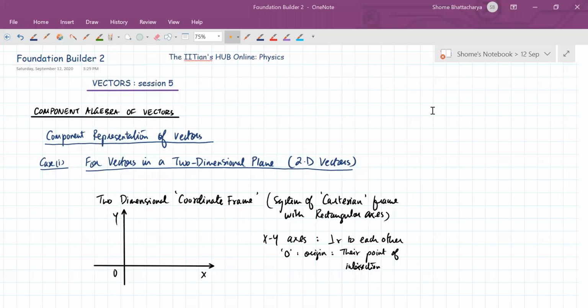You'll be tested till what we've done in the last week's lecture. So just do up to the triangle law of vector addition properly.